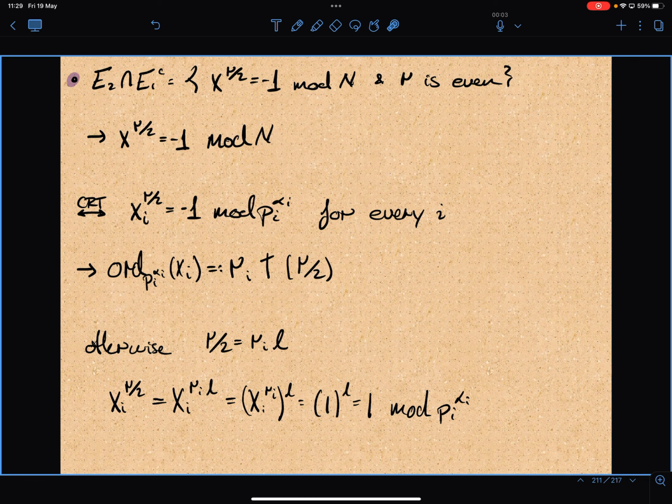Now we want to control E2 intersect E1 complement. And in this case, we have that x to the r/2 is equal to -1 mod n, and r is even.